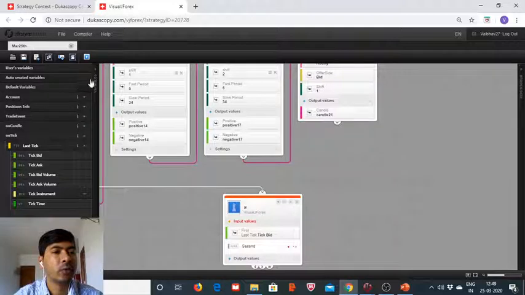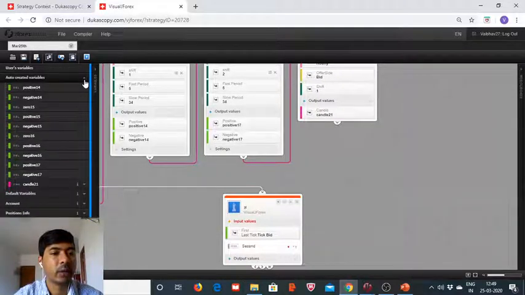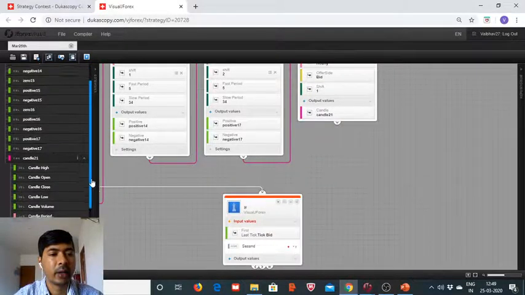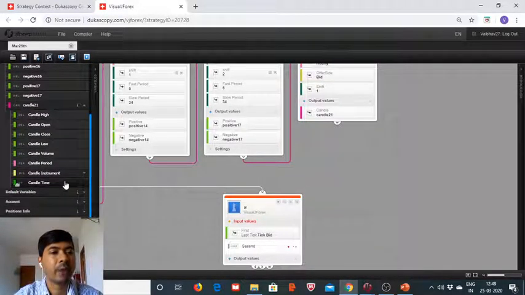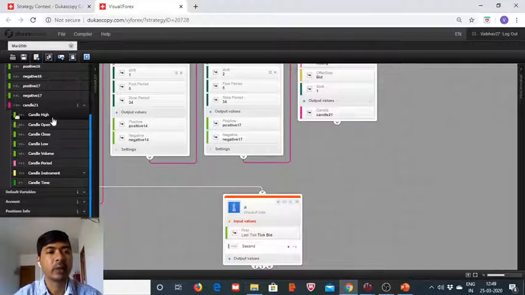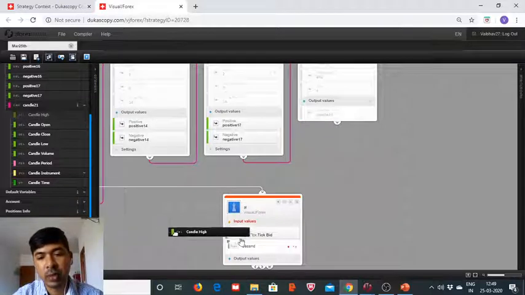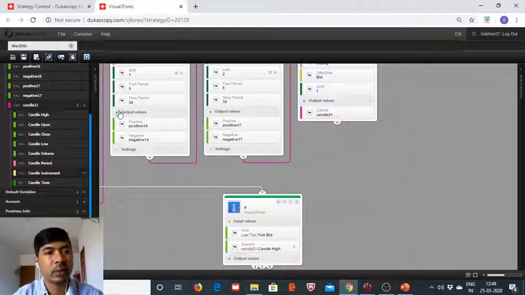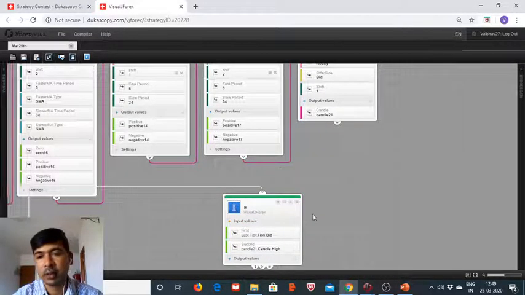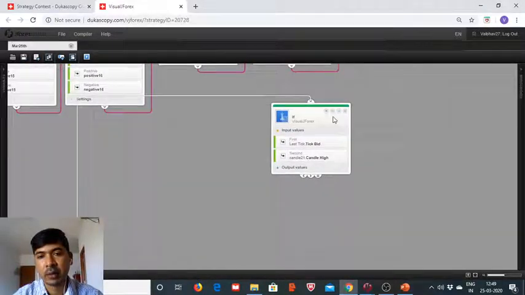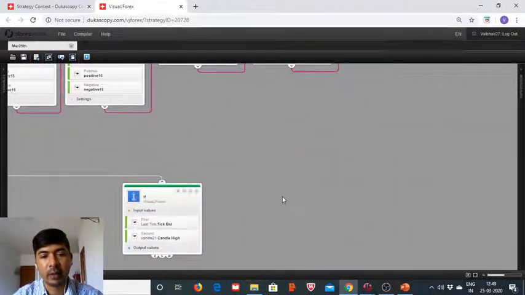So we go for the auto created variables and the candle 21 is here, and we search for the candle high last tick, and it should be less than the candle high.